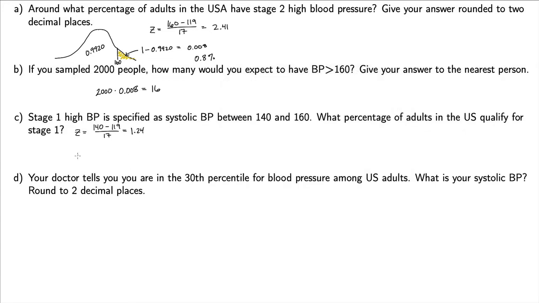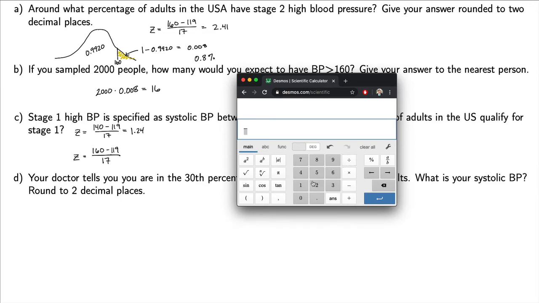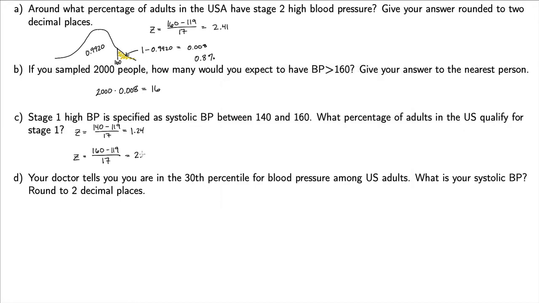Then we do the z-score for 160, the upper end: 160 minus 119 over 17, again rounded to 2 decimal places, so 2.41.